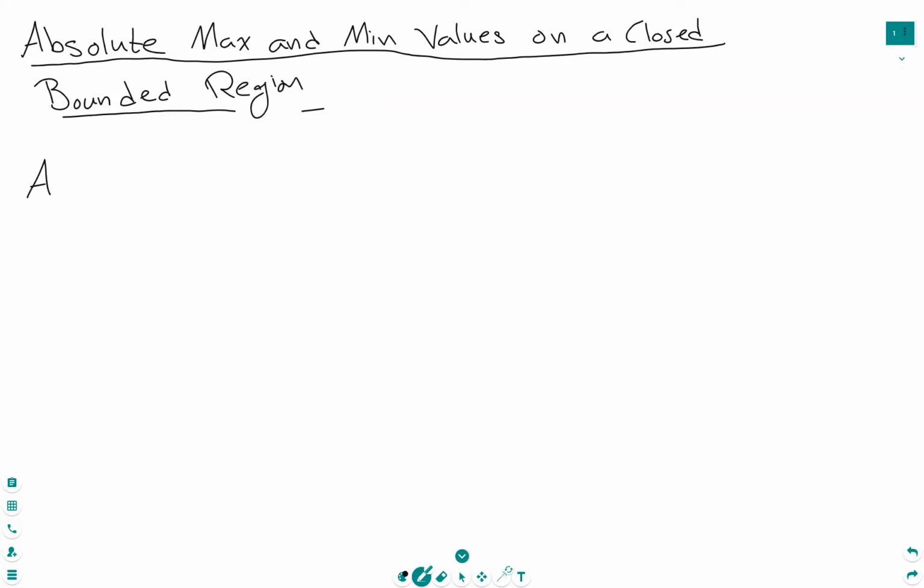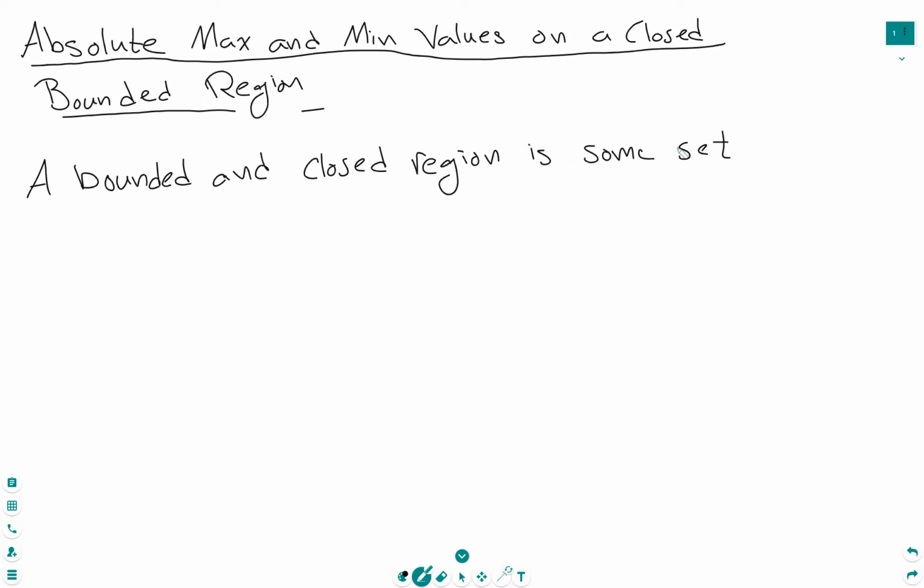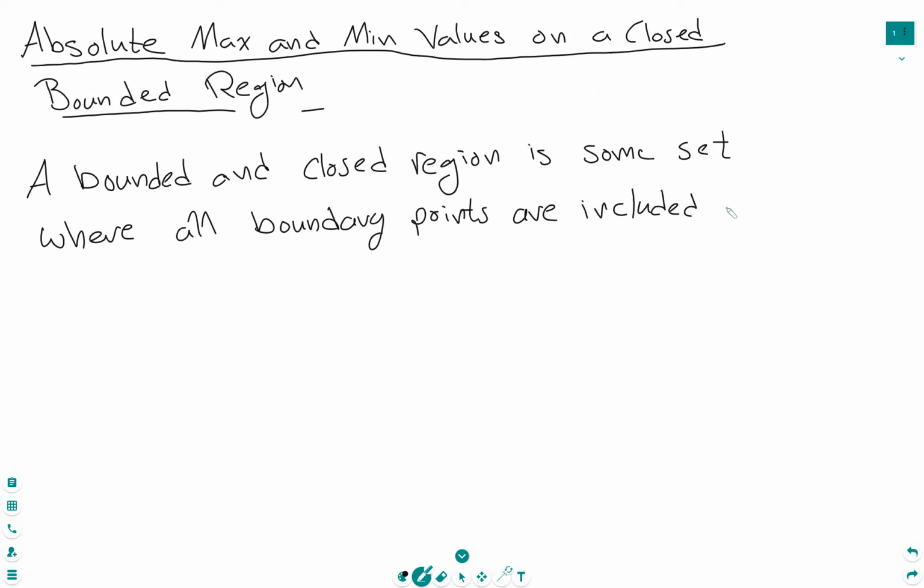So first, a bounded and closed region is some set where all boundary points are included and every value is finite.